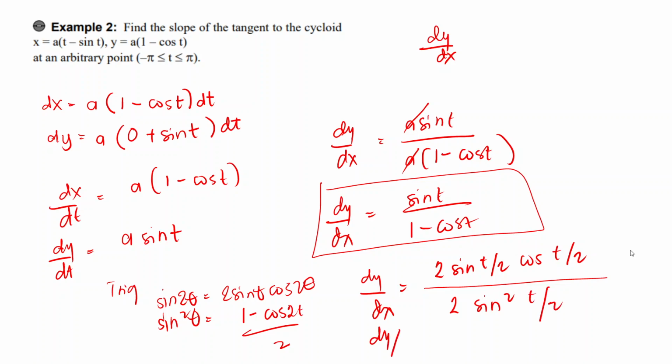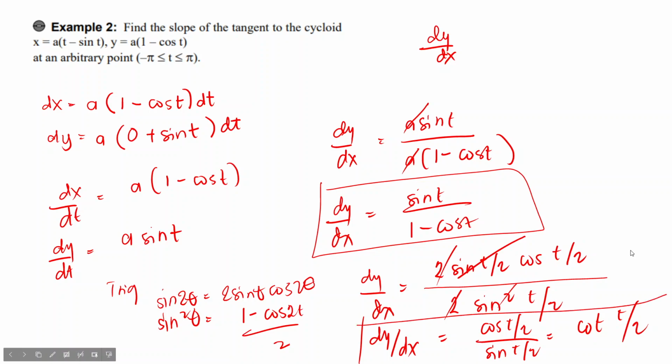So for dy over dx, one sine cancels, and we get cosine t over 2 all over sine t over 2, or cotangent t over 2. This is simpler. Okay, so this is how you answer this problem.